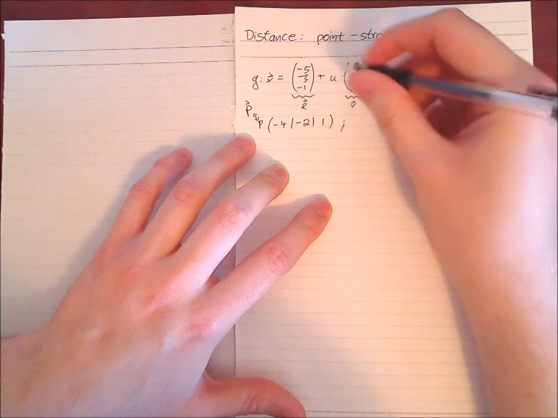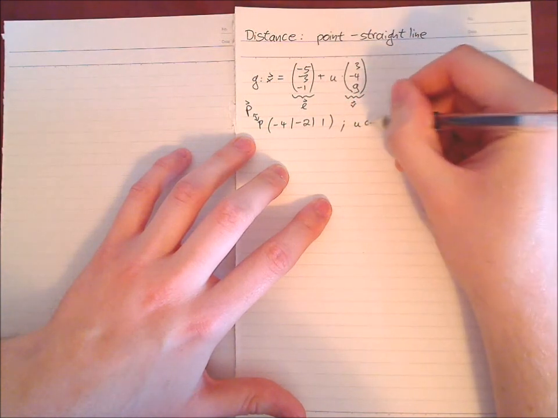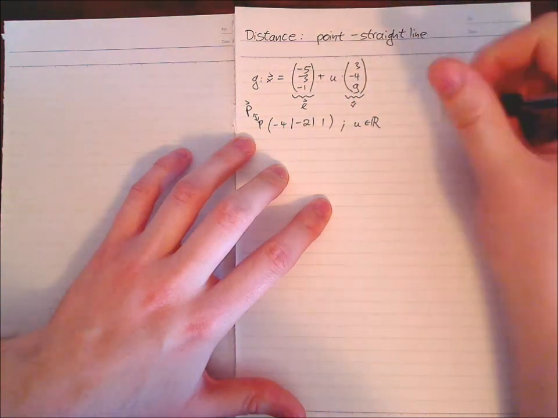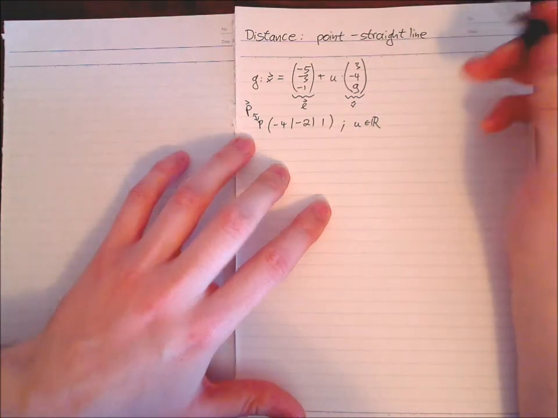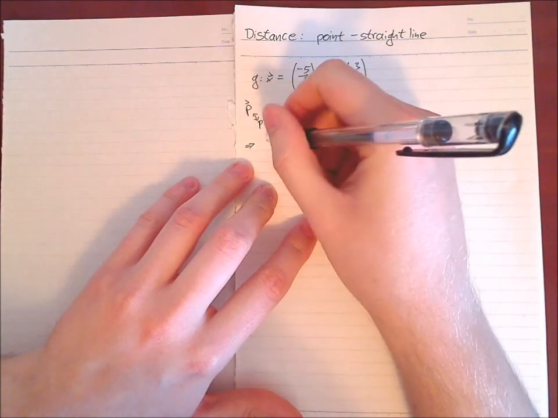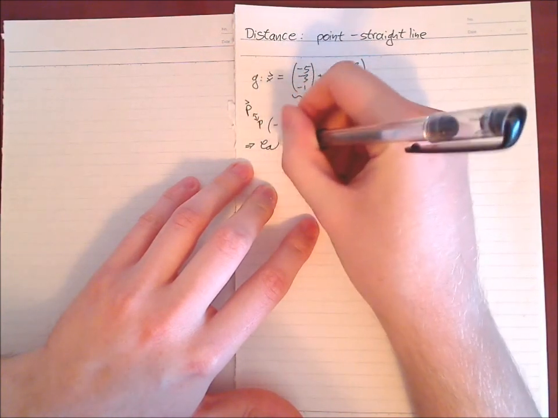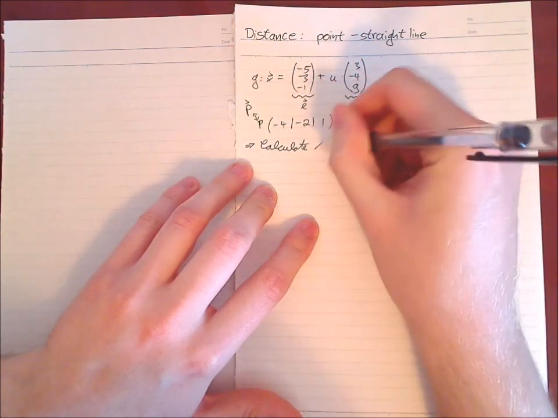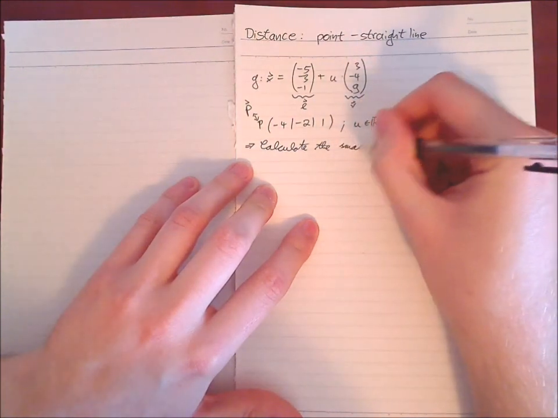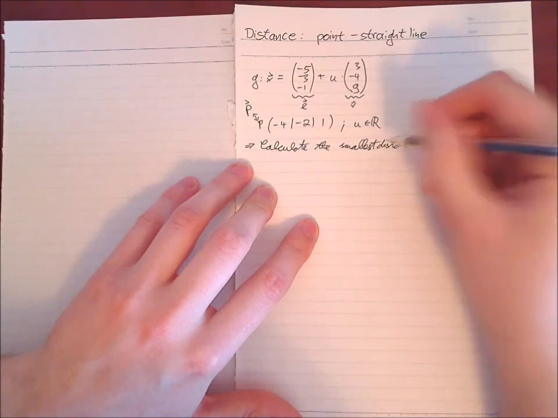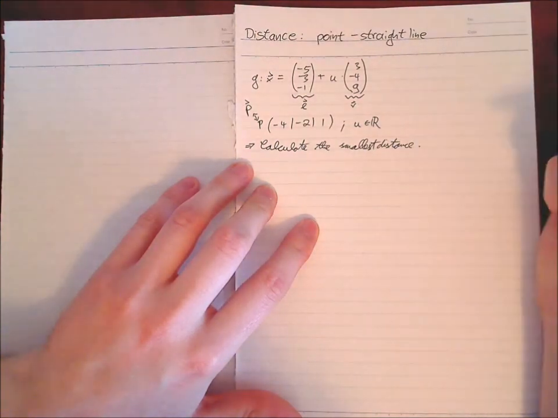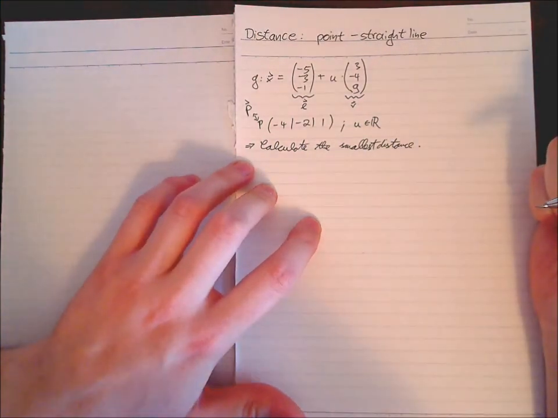And not to forget, U is an element of R. It's not a vector, it's just a number. And the task now is to calculate the smallest distance.